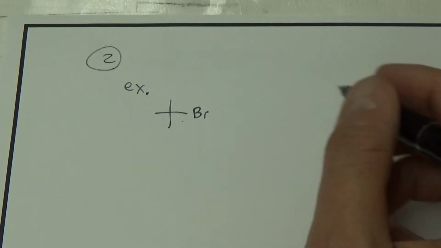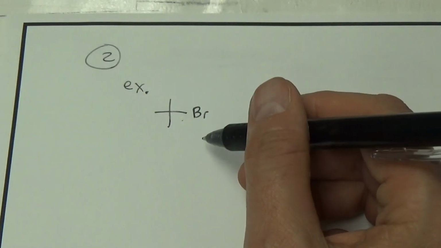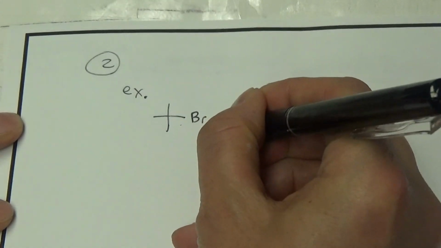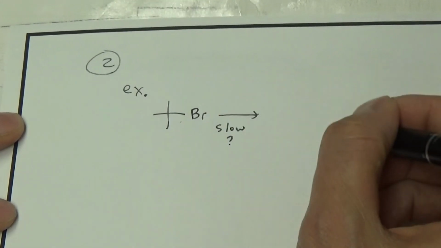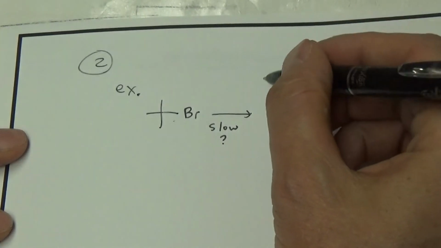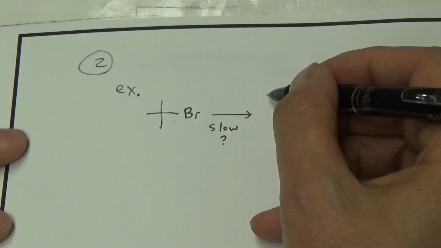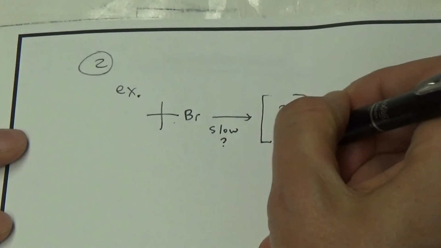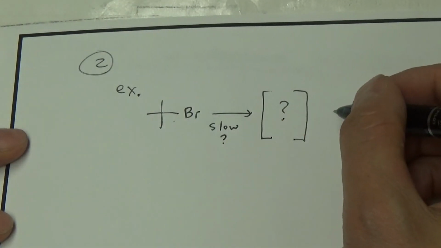That's a solvolysis substrate, tertiary bromide, really good solvolysis substrate. So something's happening. I'm going to just say slow. We're not sure what it is yet. Well, we do, and I know, but you don't know it yet. Something happens to make something, and that's very slow.